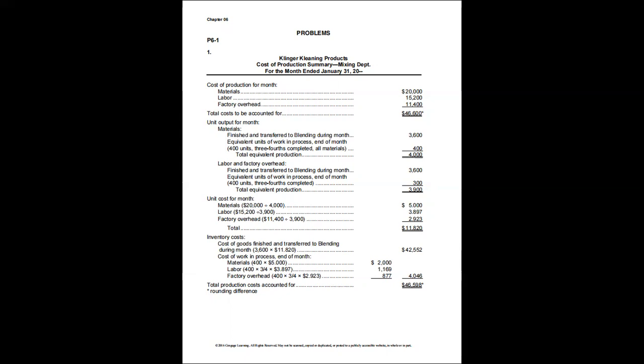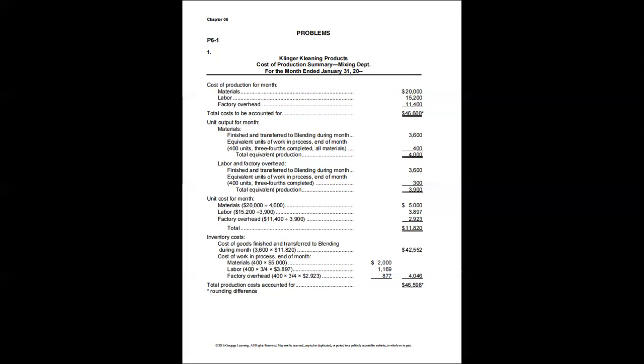We have the work in process at the end of the month, stage of completion. So we are now given the data in the mixing department, the initial department, and the goods completed in the mixing department will be transferred to the blending department.